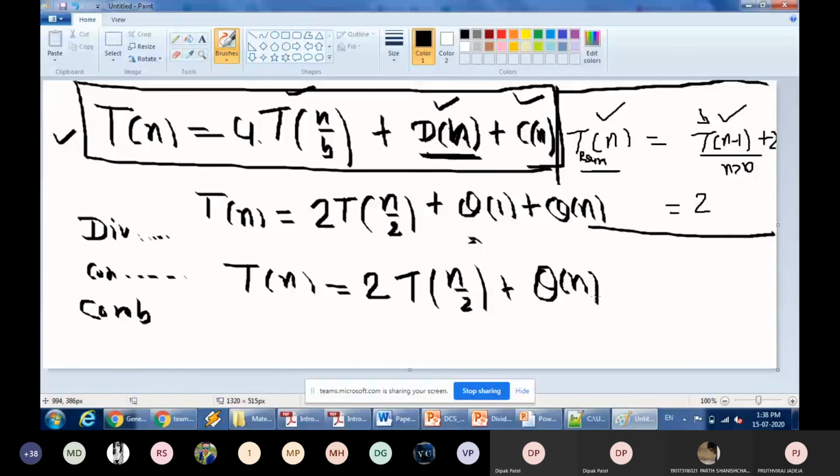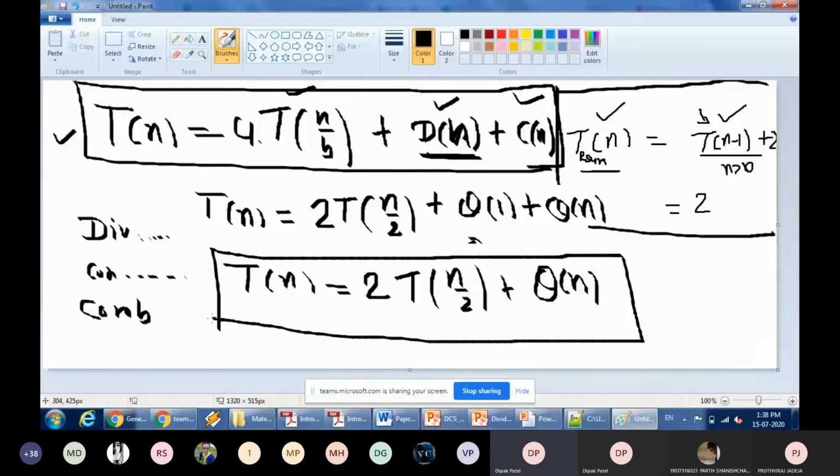So this is the recurrence relation of merge sort. To get the final time complexity, we need to solve this recurrence relation, just as we solved the recursive sum. We will see the various methods to solve the recurrence relation. Is it clear?